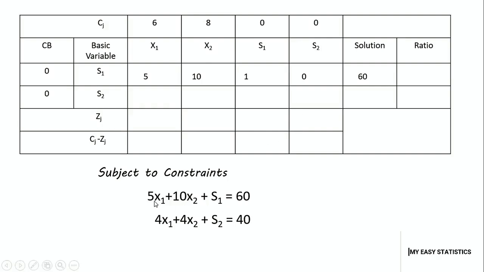So from the first constraint the values are substituted here. Next, second constraint: 4, 4, S1 is 0 and S2 is 1, solution is 40.